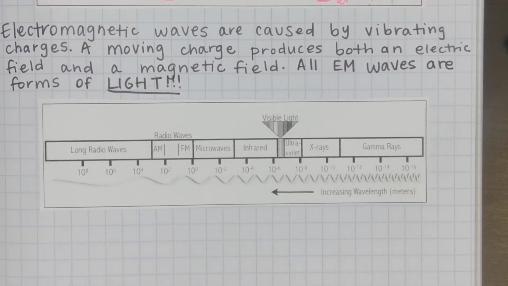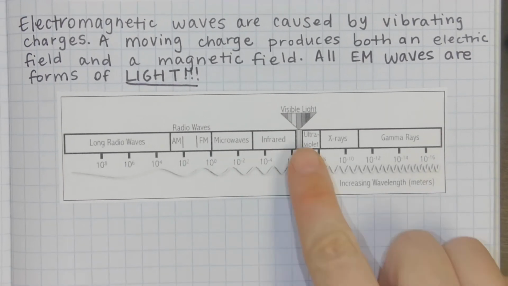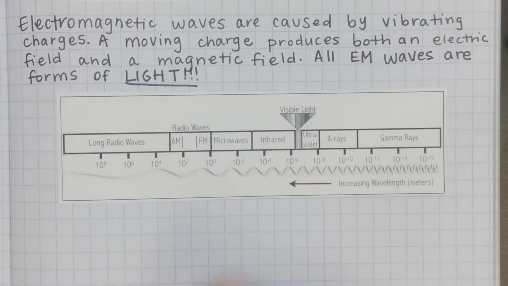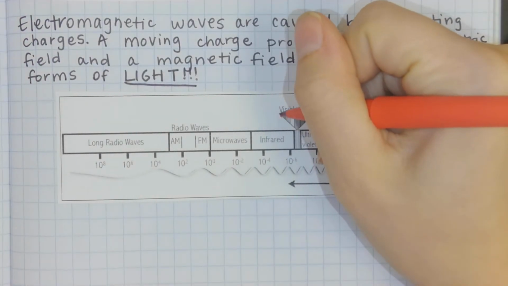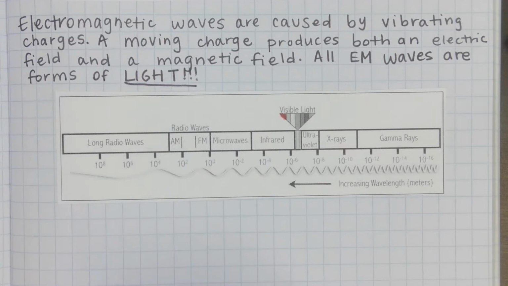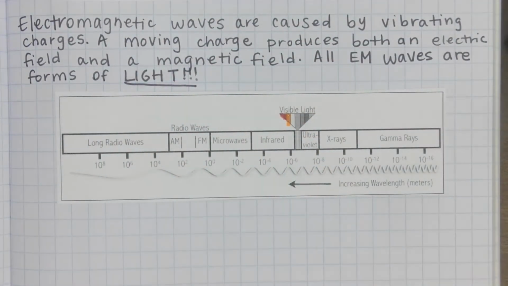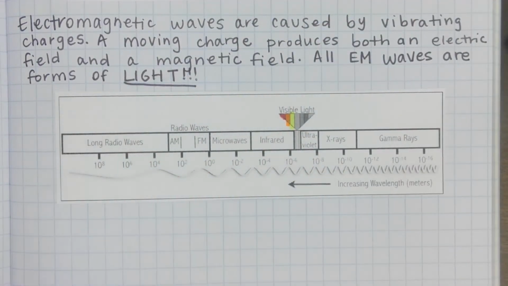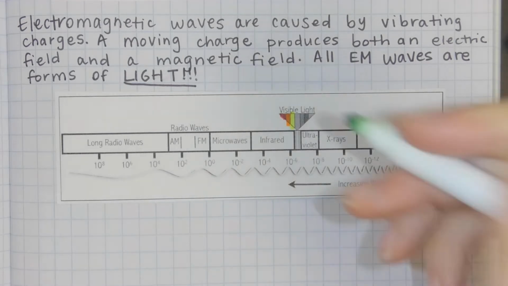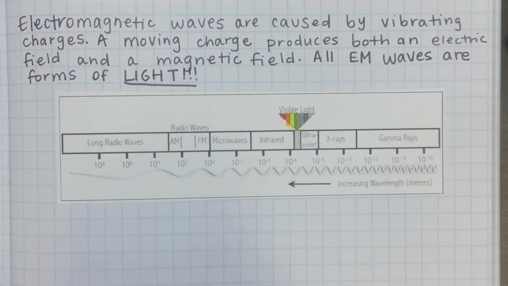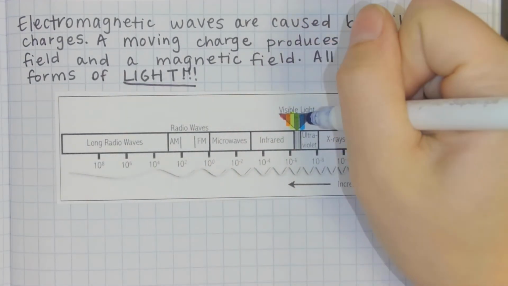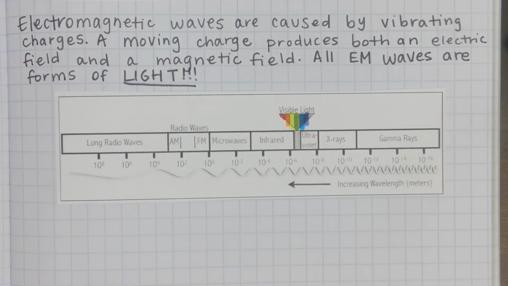Visible light is this little teeny area right here where we can see the colors, red, orange. You don't have to color this if you don't want to, but I like coloring, so I'm going to do it. Red, orange, yellow, green, bluish, dark bluish, and purple.